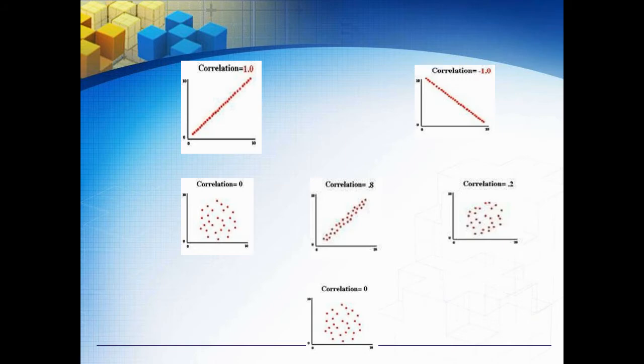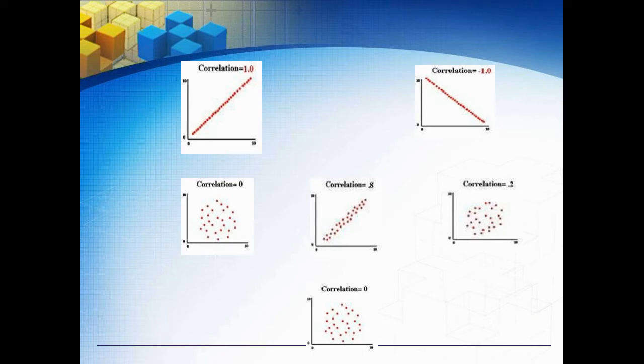So here are the examples. Correlation 1 is a straight line. Correlation -1 is a straight line but it's going to the left. And then correlation 0 is scattered, meaning they don't have a relationship with each other.